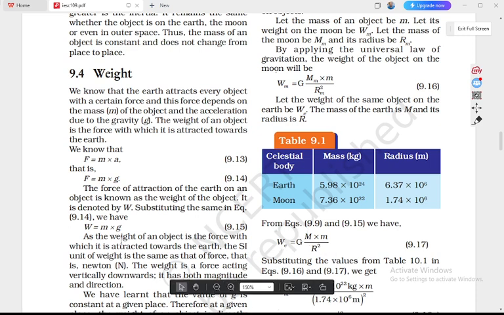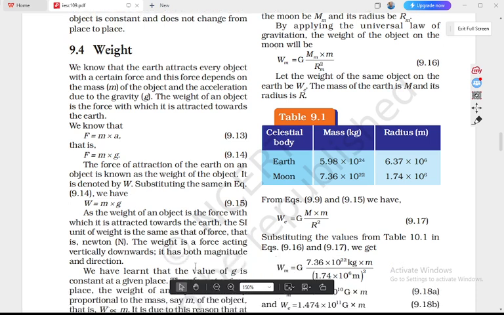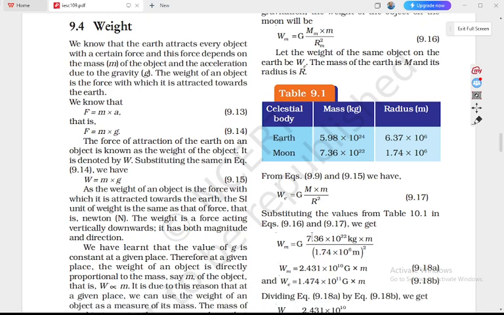Substituting the values from table 10.1 in equation 9.16, that is W = G M m / R squared.